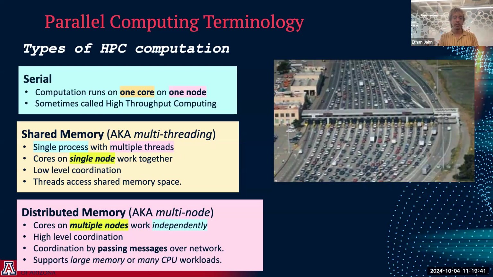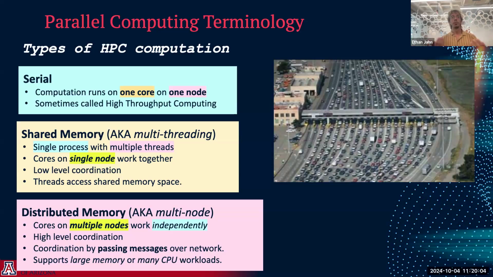With distributed memory, the idea is that the threads doing your work don't have access to the same memory space. So in order to coordinate their work, they need to communicate with each other. They need to say, hey, I finished doing this task. Here's my output. Send that to the processor on the other node so that it knows what's going on.